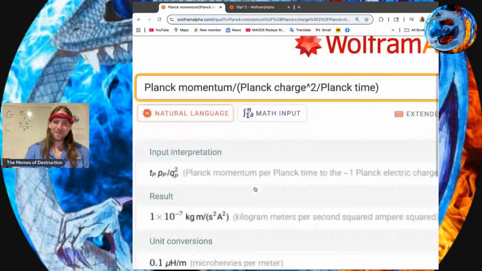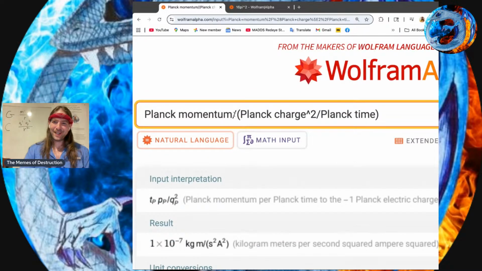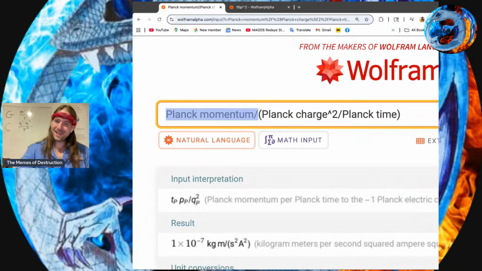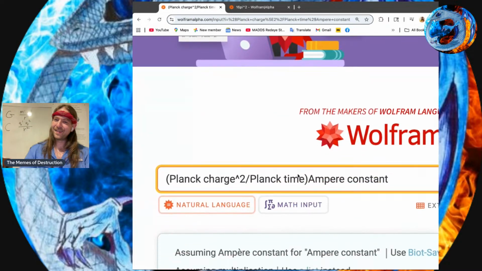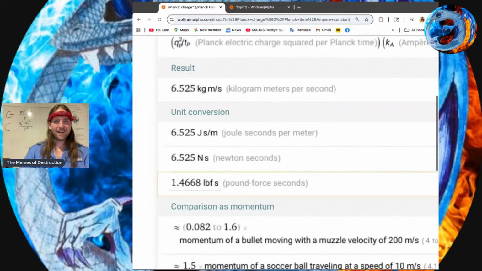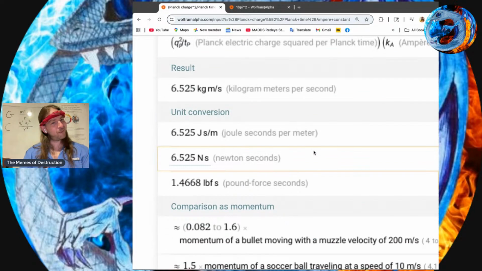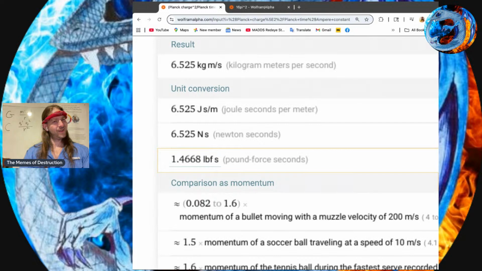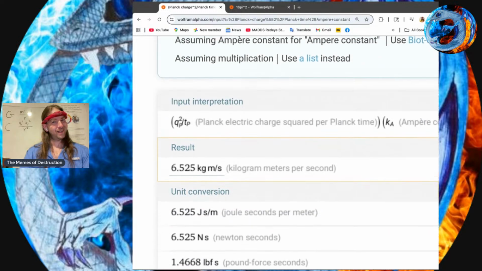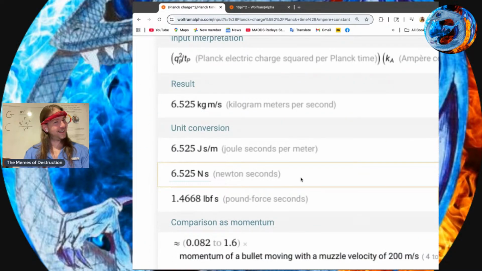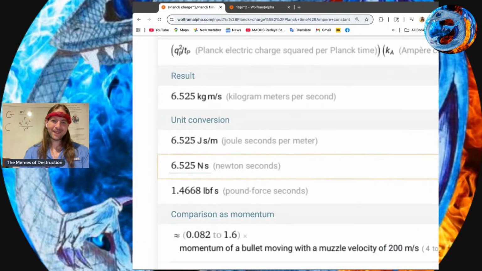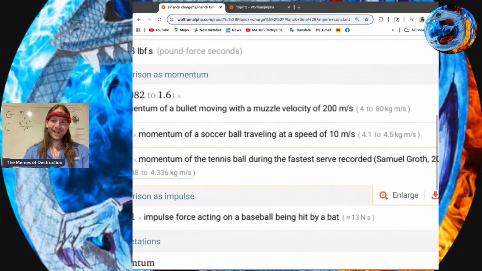But wait a second, ampere constant, that would mean that we took the Planck charge, divided it by time, and multiplied it by the ampere constant. Oh, we get the Planck momentum. So charge squared divided by time, divided by that constant, gives us the Planck unit of momentum.